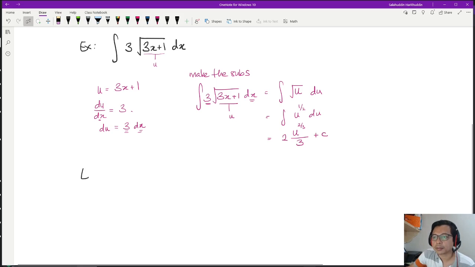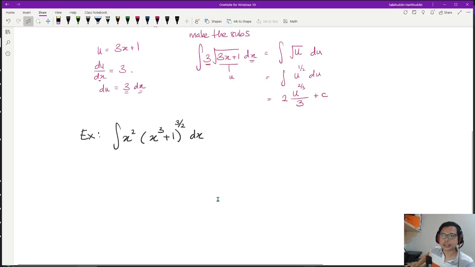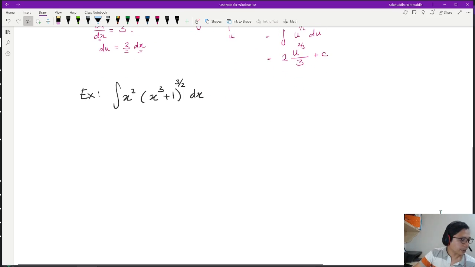Another example. Let's try a harder one. x squared times the square root of (x cubed plus 1), to the power of that. Again, for the inside function, I think maybe we can pick this one here to be u.